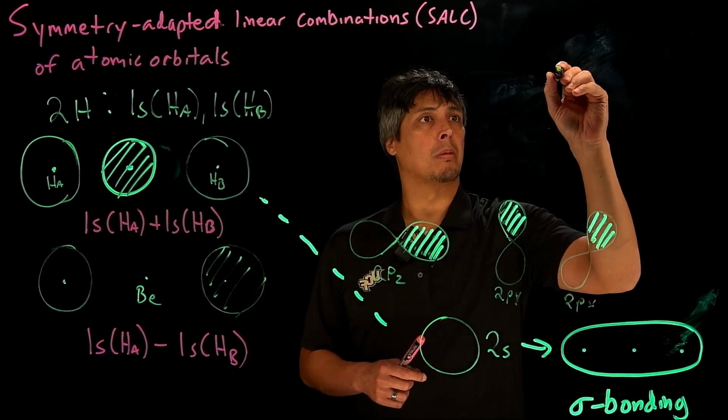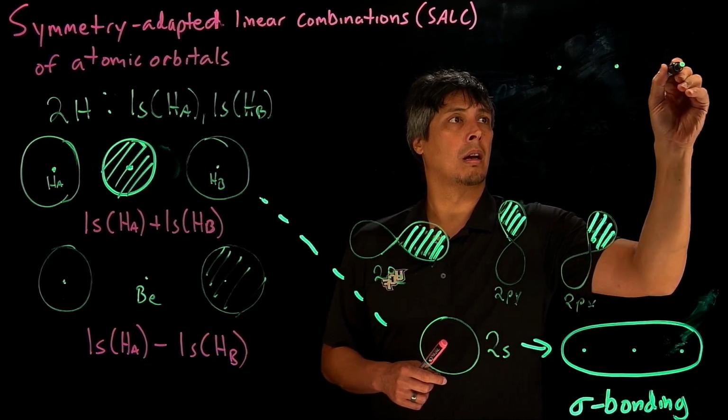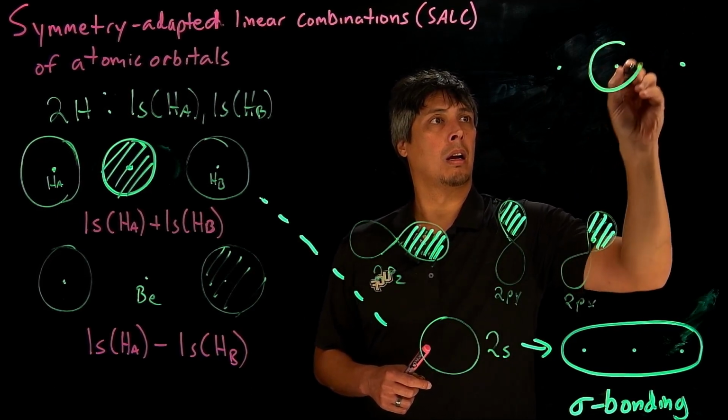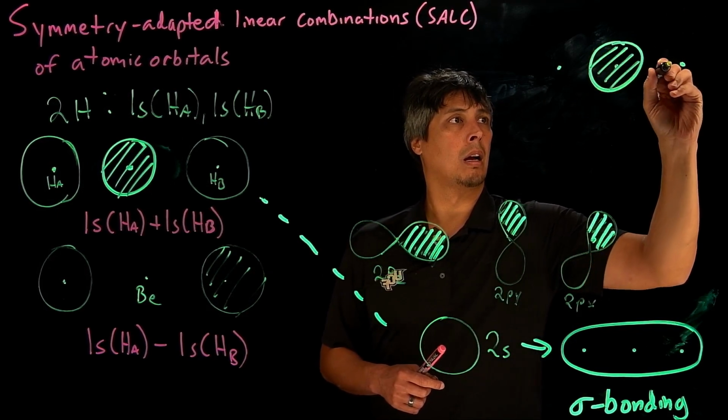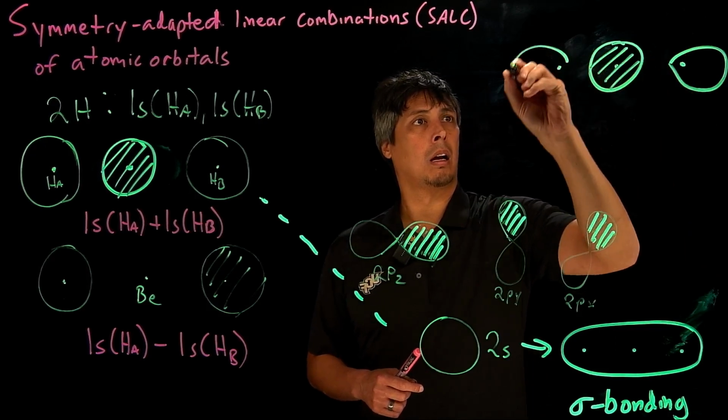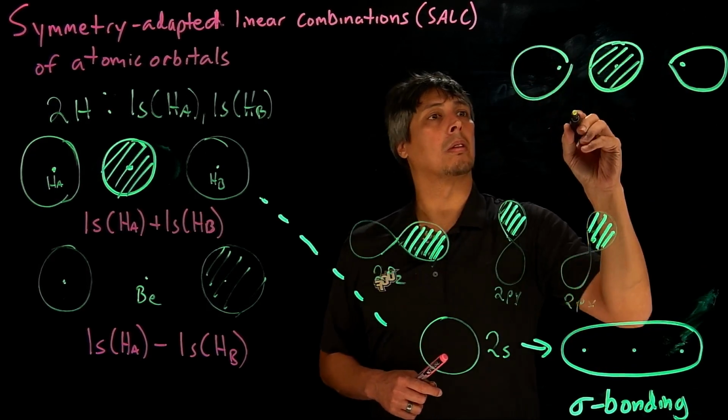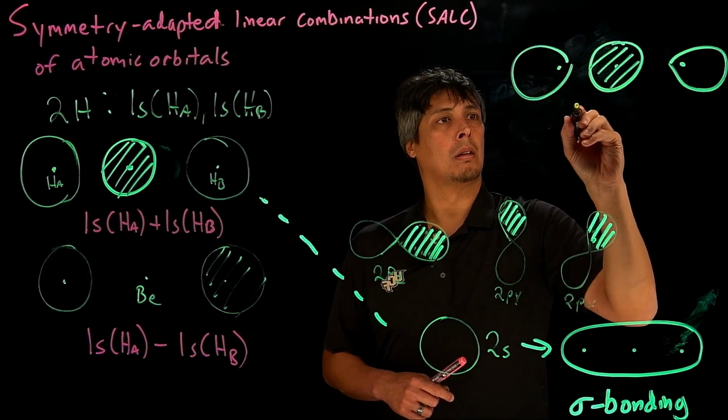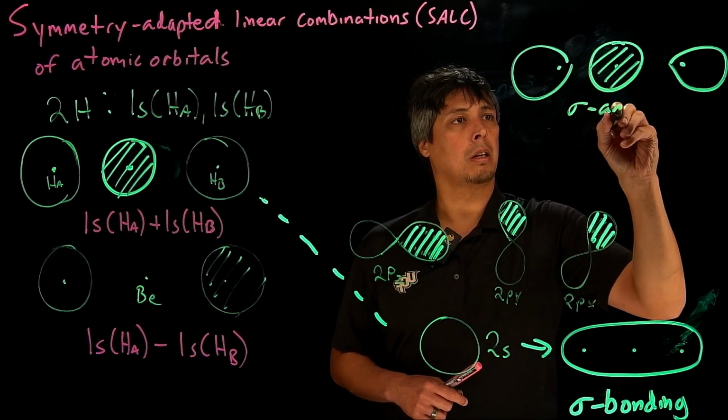And so what we would get is an antibonding orbital like this. So sigma antibonding.